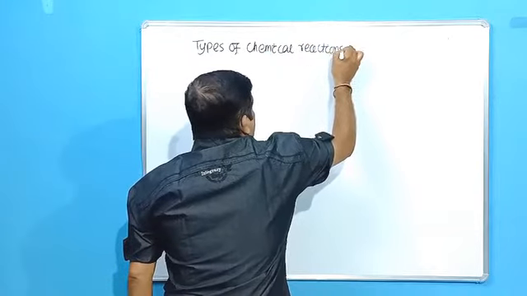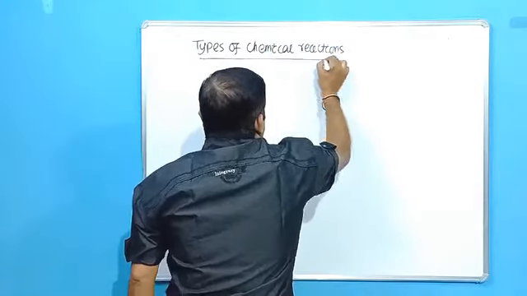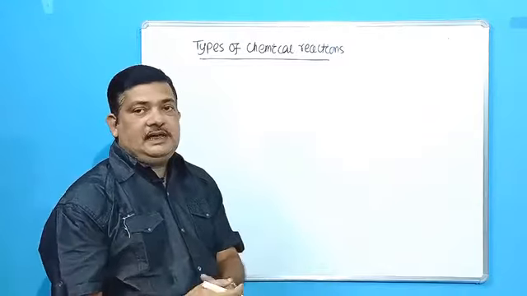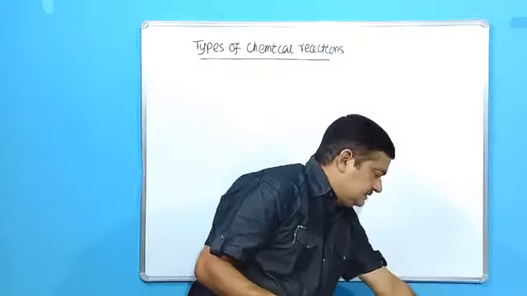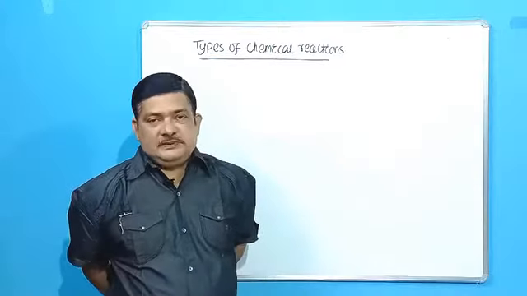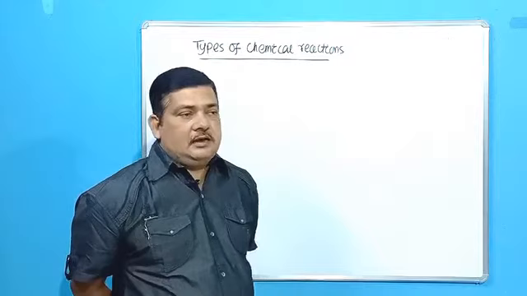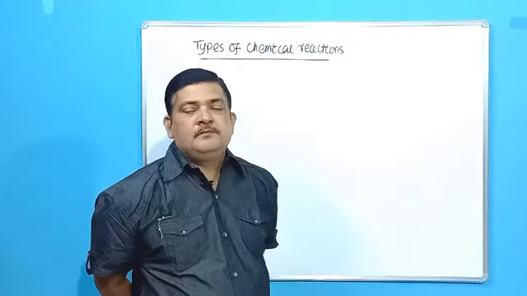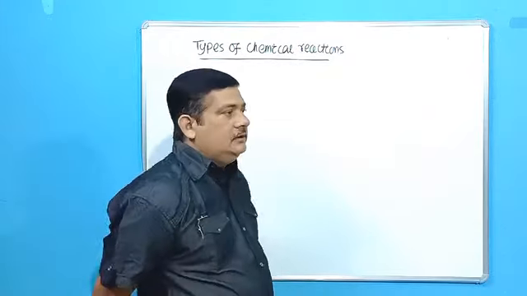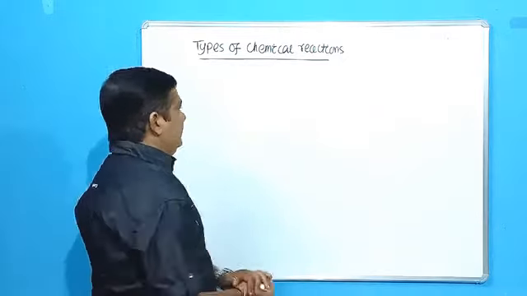How many types can it be? You know chemical reactions can be of different types: combination reaction, decomposition reaction, displacement reaction, double displacement reaction, combustion, redox. So these are the various types of chemical reactions. We will discuss them one by one briefly.